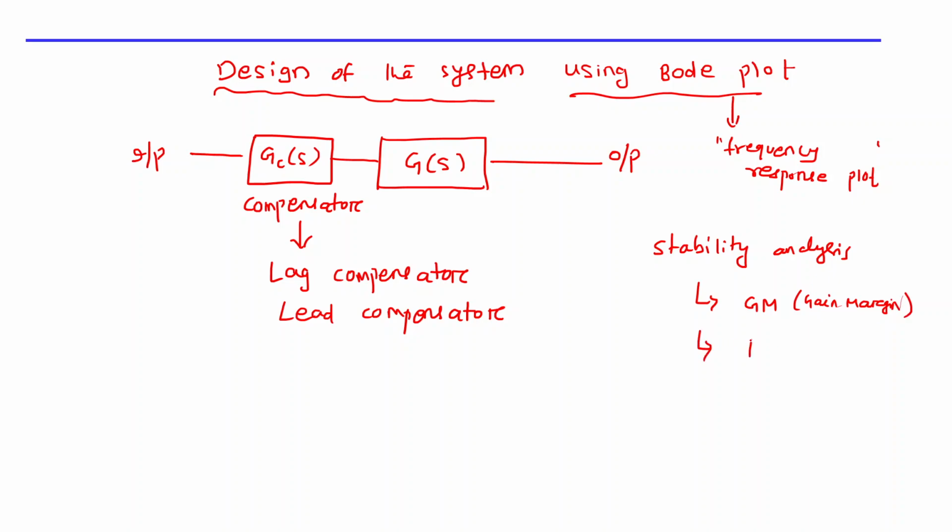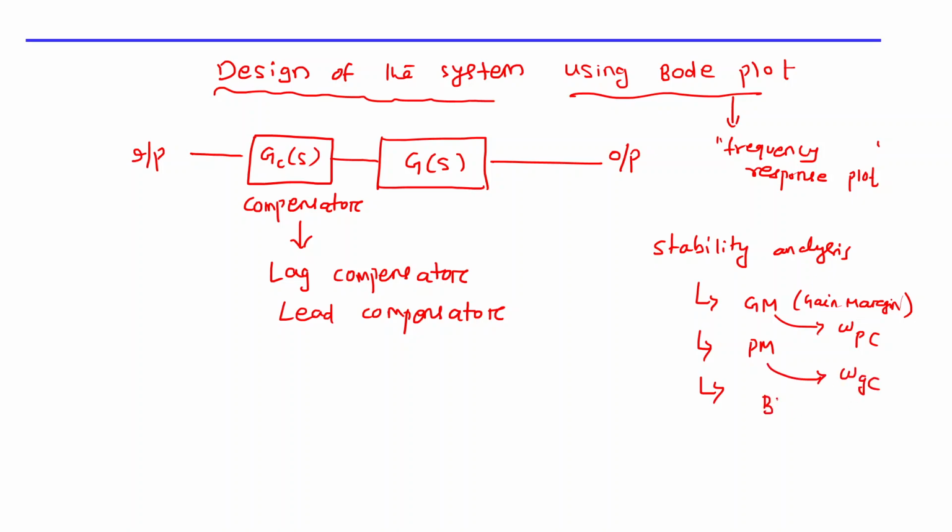You need to find out the phase margin. The gain margin you need to find out at the phase crossover frequency, omega PC. The gain crossover frequency corresponds to omega GC and the phase crossover frequency to omega PC.